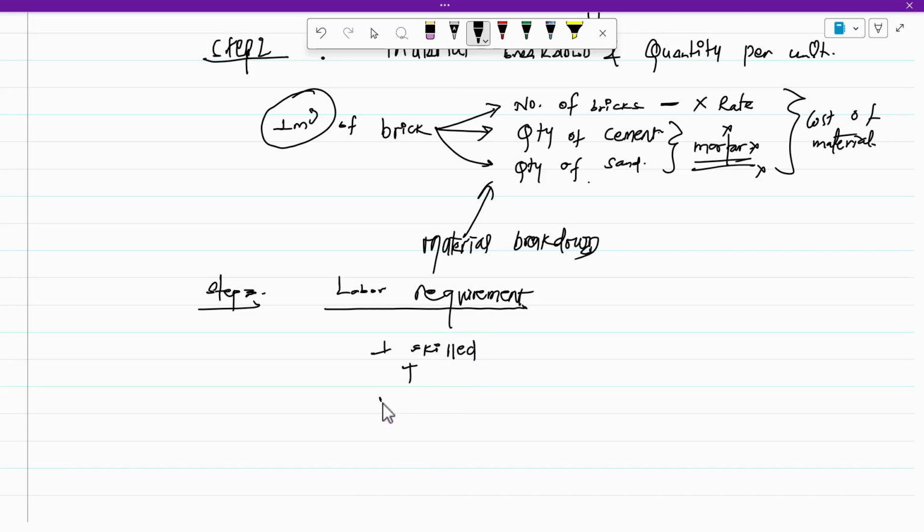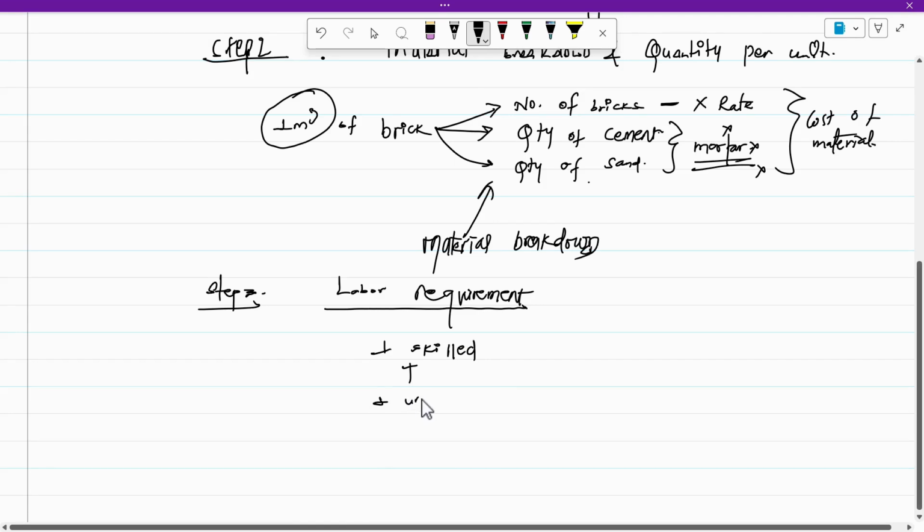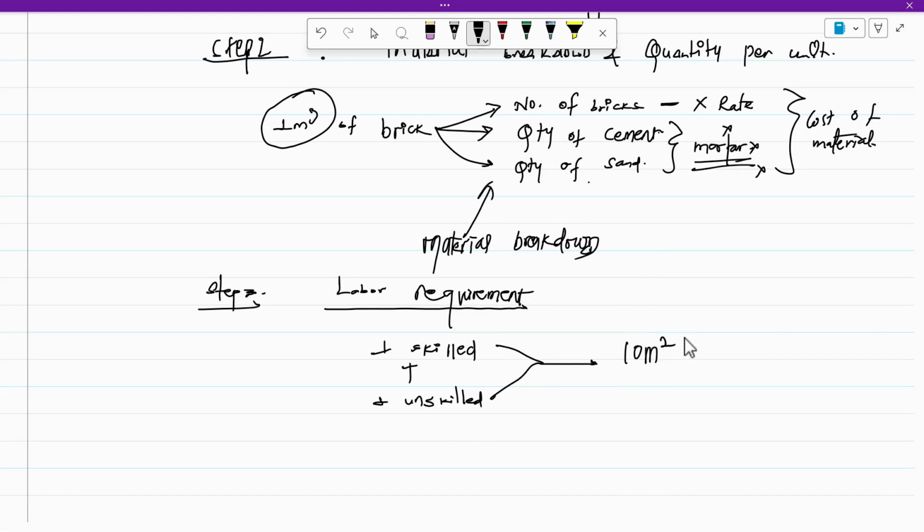For example, let's say that one skilled plus one helper, one unskilled, do 10 meters square of plaster per day.